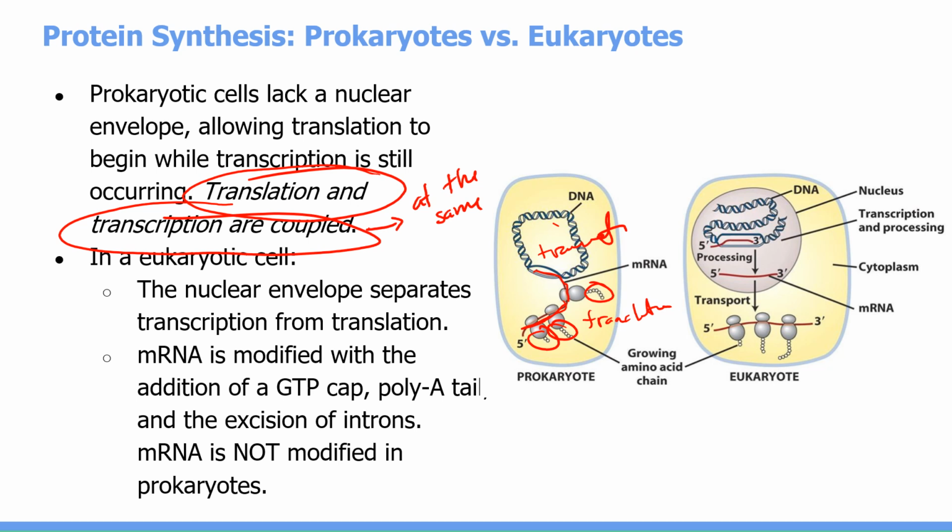So the nuclear envelope, however, separates transcription from translation in eukaryotes, right? And then that pre-mRNA in eukaryotes must be modified first: the GTP cap, the poly A tail, and then the removal of the introns must all occur in the nucleus before being translated in eukaryotes. mRNA is not modified whatsoever in prokaryotes. Big difference.